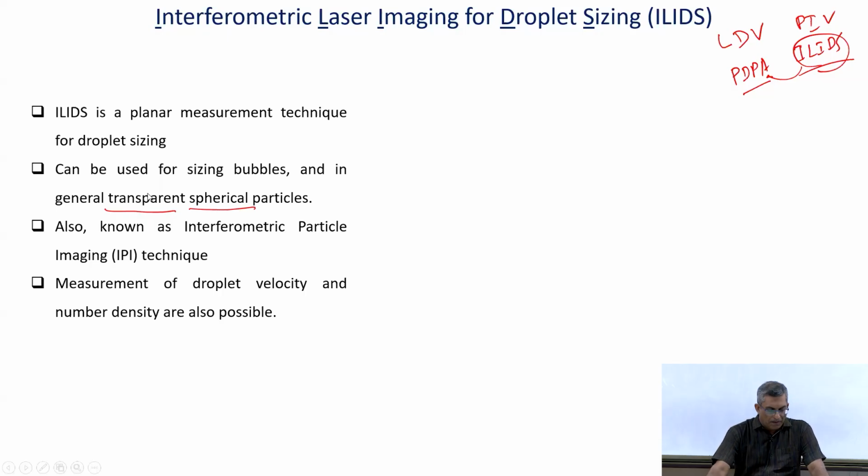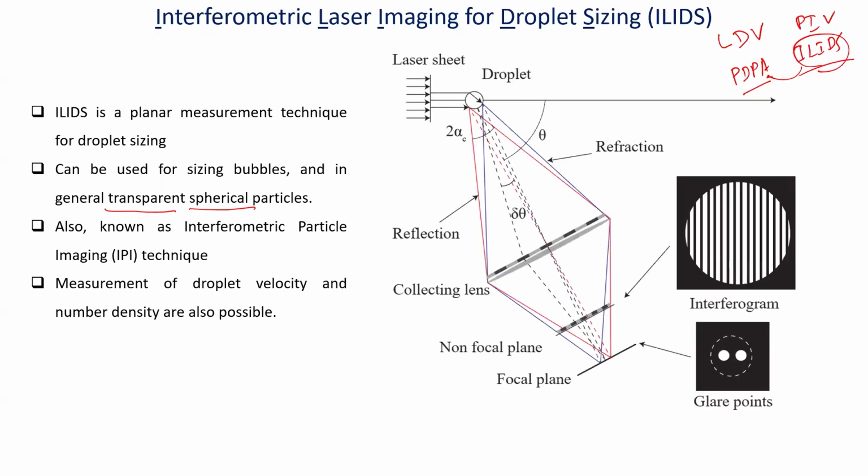That is the reason why some people prefer the term interferometric particle imaging, or IPI technique, because here we can measure any type of particle, not only droplets, as long as they are transparent and spherical. Apart from particle size, it is also possible to measure particle velocity as well as number density in this technique. So let's see the principle of the technique.